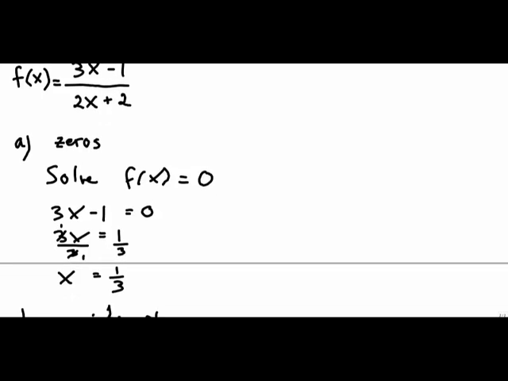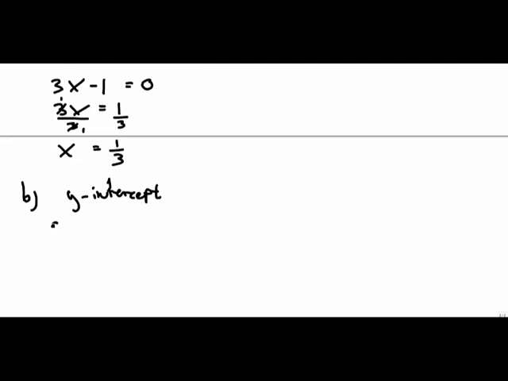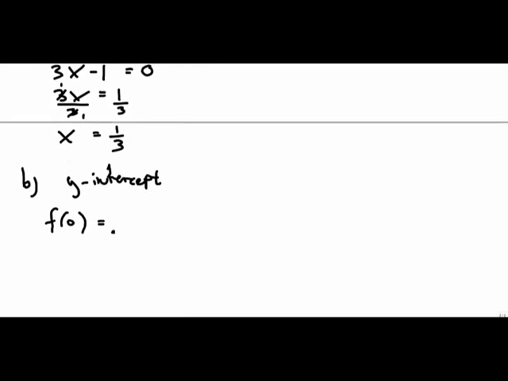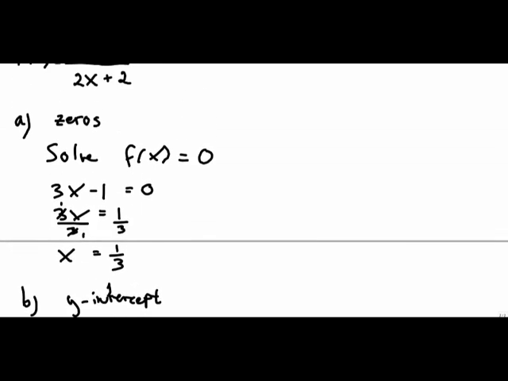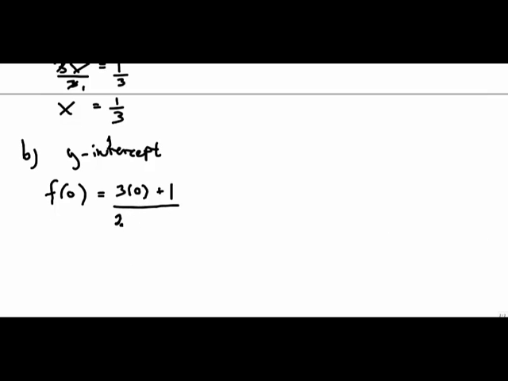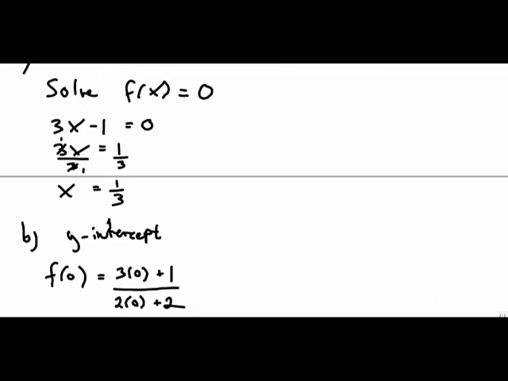That's our y-intercept. So we're going to write f of 0 is equal to 3 times 0 minus 1, written as 3 bracket 0. And then down in the denominator we had 2x plus 2, which means 2 times x, and x is 0, so 2 times 0 plus 2. I missed a sign here, didn't I?